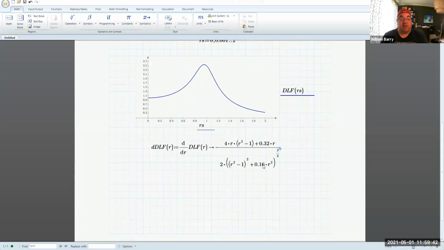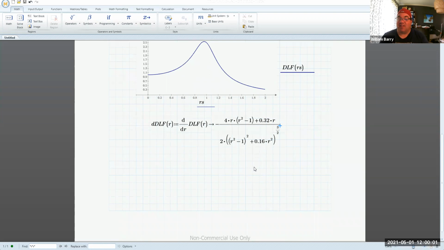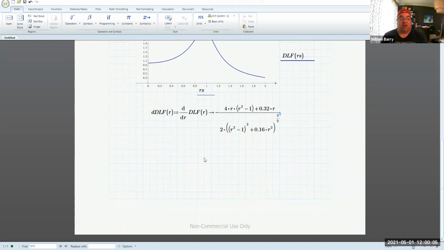This is the derivative with respect to R of our DLF function, and this is what we want to set equal to 0. We want to solve for the R value that makes this equal to 0, and that's going to be the answer to our problem, and we're going to solve that using a solve block.